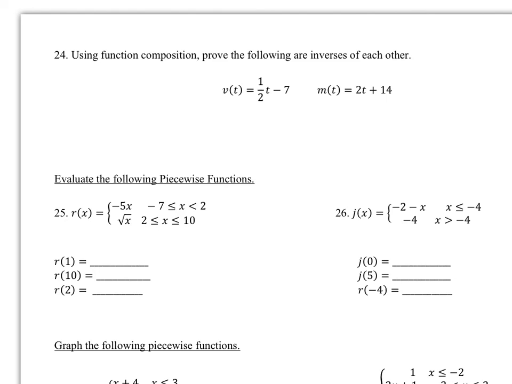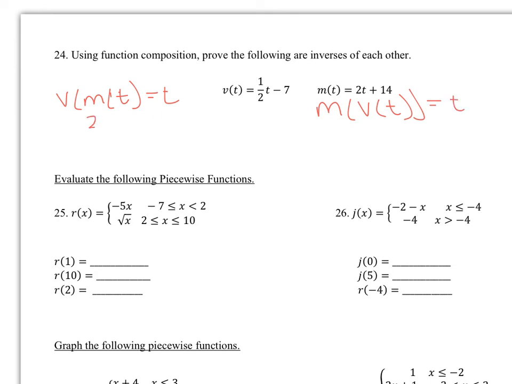Using function composition, prove the following statements are inverses of each other. So I need to prove v of m of t equals t, and then I need to prove m of v of t equals t.